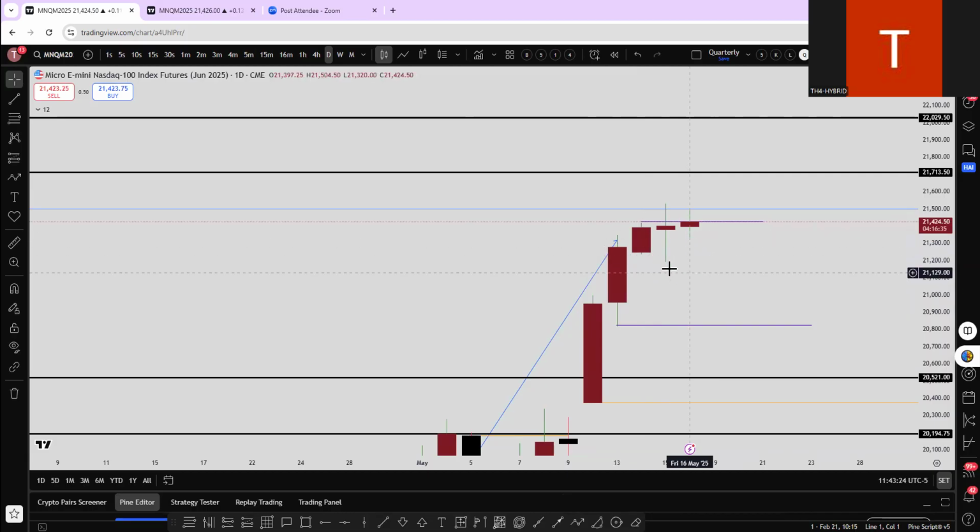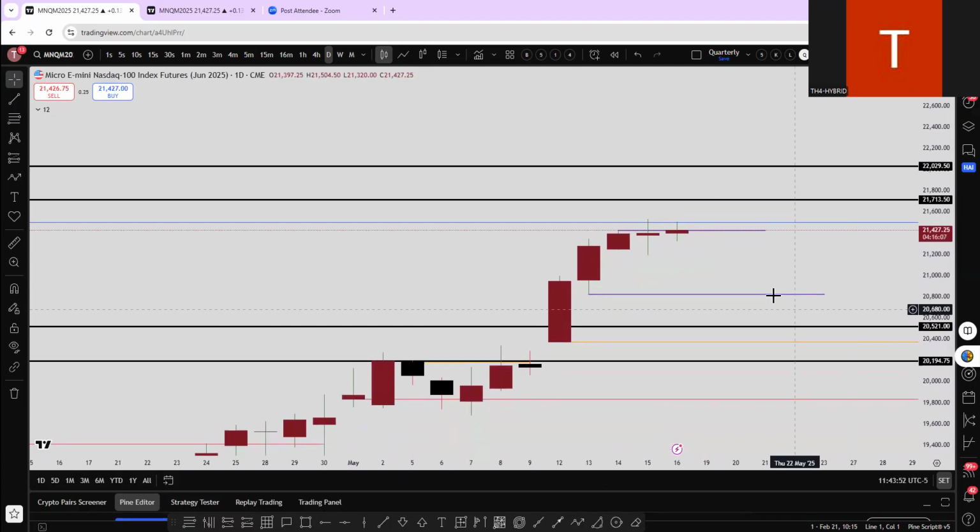So we expect what to form here? Breakaway gap, directional gap, order block, everything that we know and love around key levels. So that gives me my bias for the next few days if we close below this low. If we close above this high, we've got targets above. No problem there.